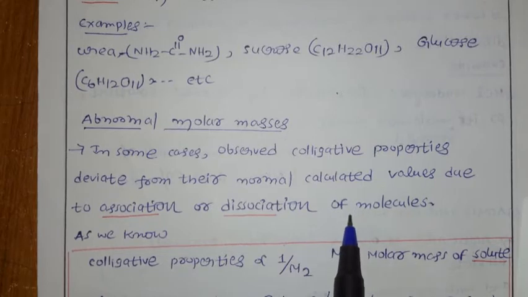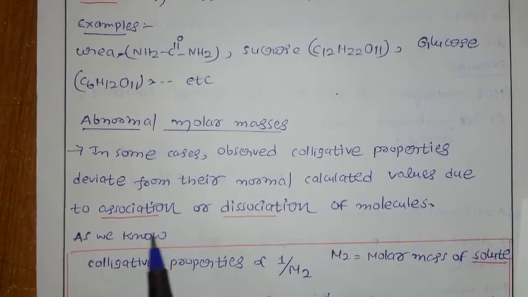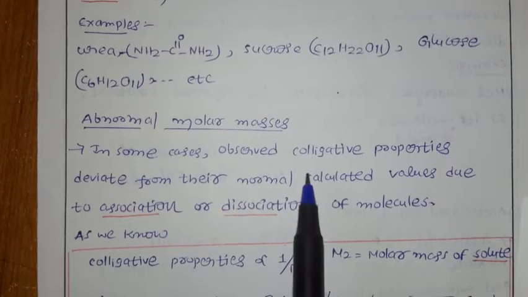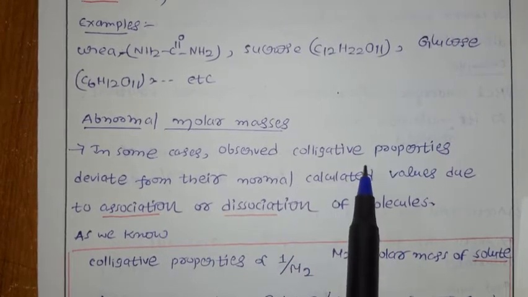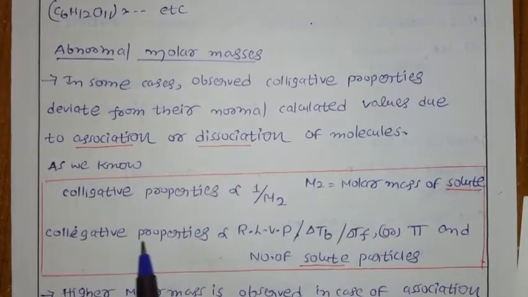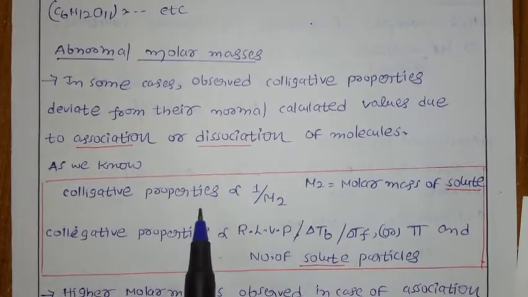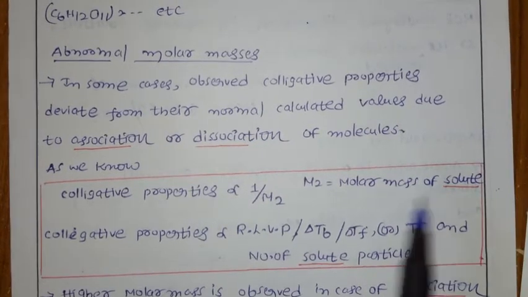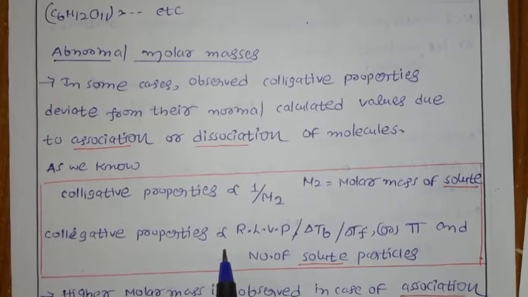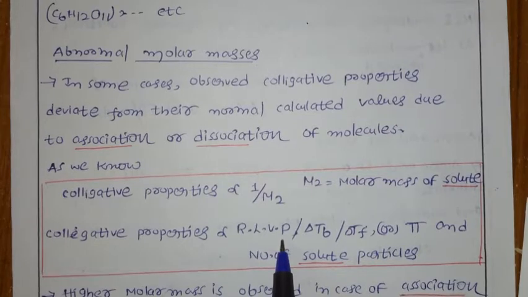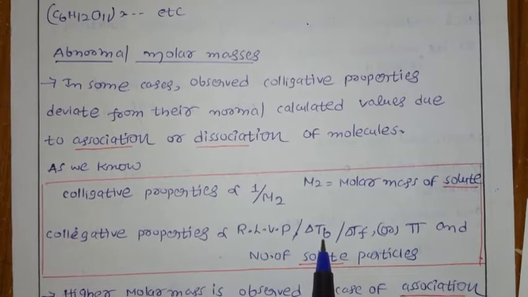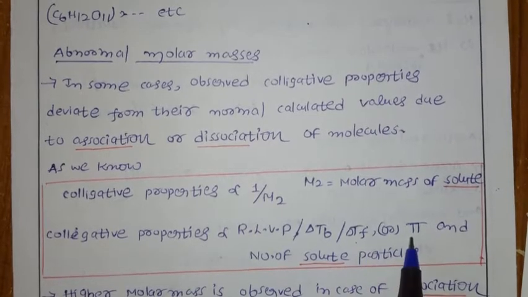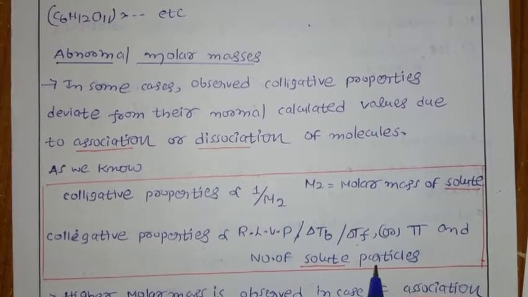Because we have the solute, and that solute may undergo association or dissociation, it will deviate the values we calculated. Here we have one relation you have to remember. Colligative properties are inversely proportional to the molar mass of the solute, and directly proportional to the relative lowering of vapor pressure, elevation in boiling point delta Tb, depression in freezing point delta Tf, osmotic pressure pi, and the number of solute particles.